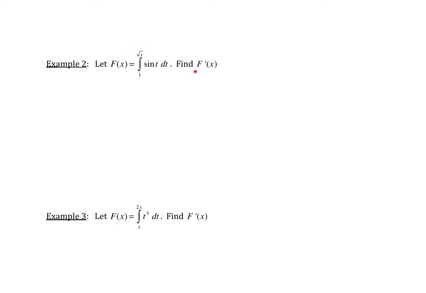And they want us to find the derivative of capital F. Now I want to draw special attention to this upper limit of integration. I want you to notice this is not just x. It's in fact square root of x.